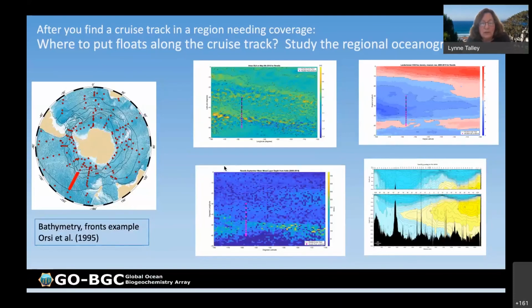So you may want to look at the eddy field and mixed layer depths and the carbon fluxes as mapped out there. You might want to look at vertical coverage of vertical structure of carbon and other biogeochemical variables.